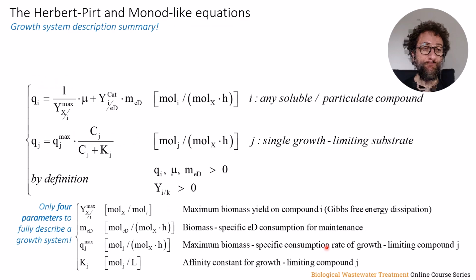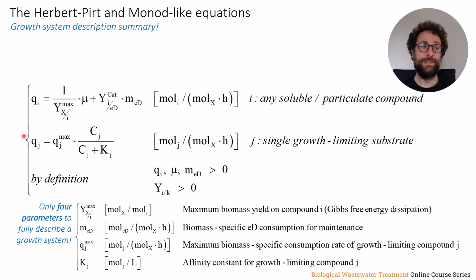So to summarize what we have already seen, to describe kinetically a system, we need to understand the substrate distribution among the metabolism with the growth flux, biomass produced per biomass per hour, and the maintenance flux, electron donor consumed per biomass per hour.